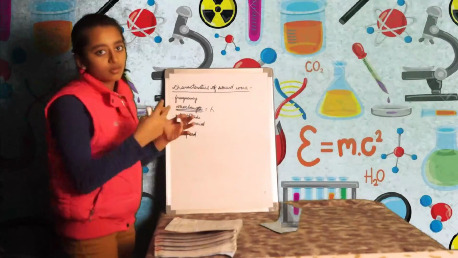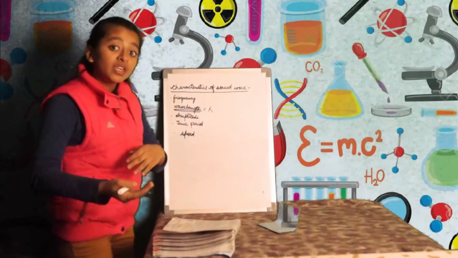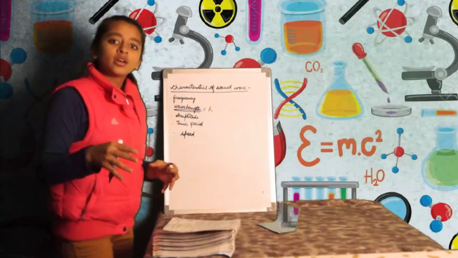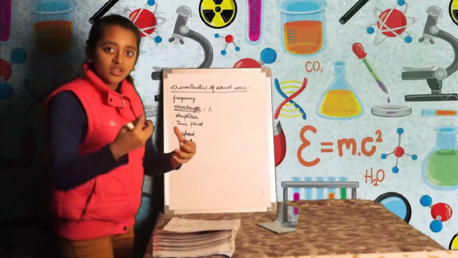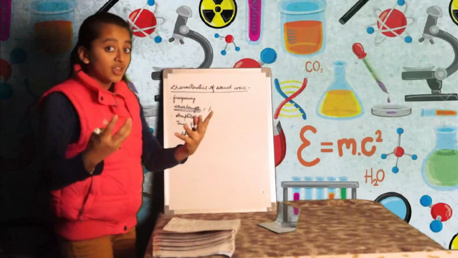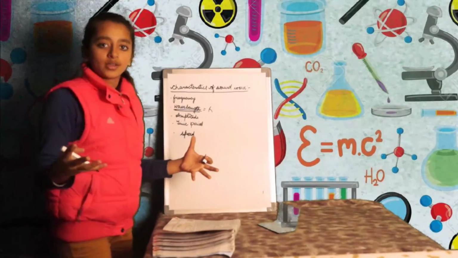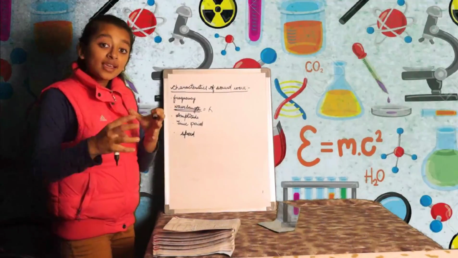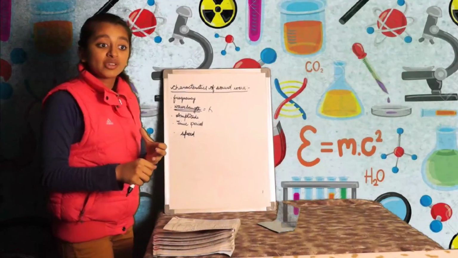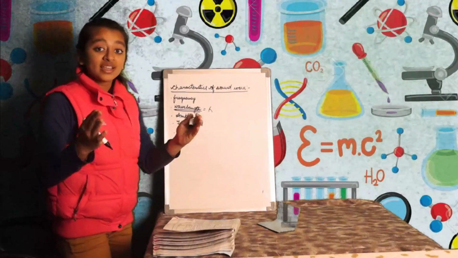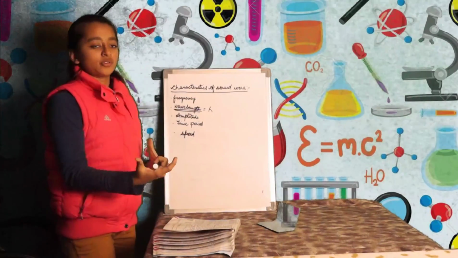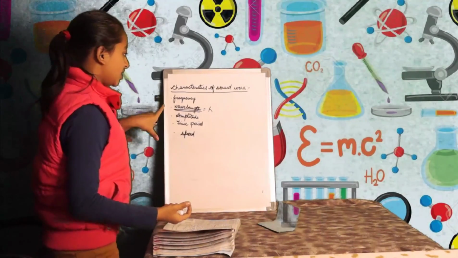So speed is dependent upon two factors: the type of the medium and the temperature of the medium. Because you've got that kinetic energy thing. When the temperature is more, the kinetic energy of the particles increases. As a result, they travel faster. And the second reason it depends upon temperature is that when temperature is more, the density decreases. As a result, it can travel more distance. So I've told you about these four things.